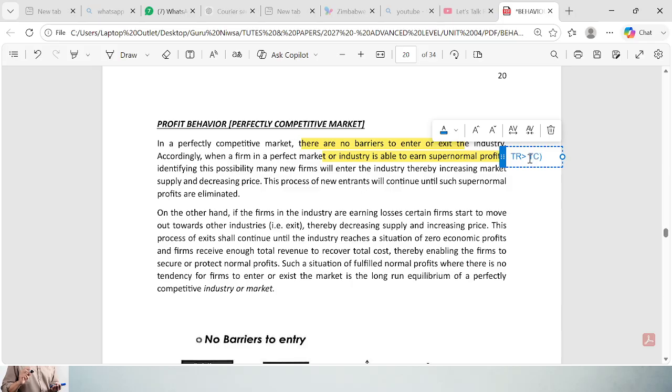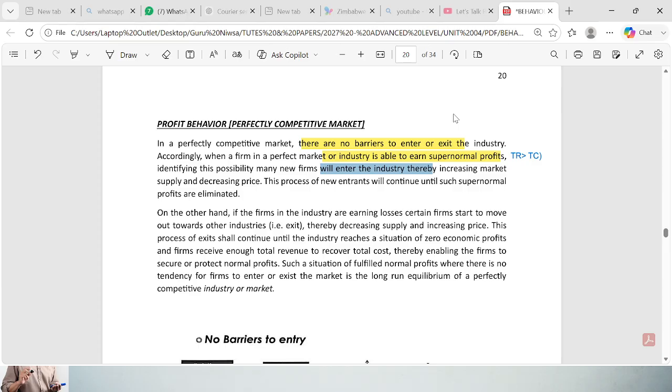When a perfectly competitive firm earns supernormal profit in the short run, where TR is greater than TC, what happens? Identifying this possibility, many new firms will enter the industry, because this is a type of motivation.